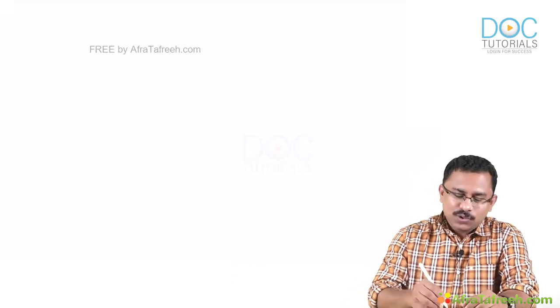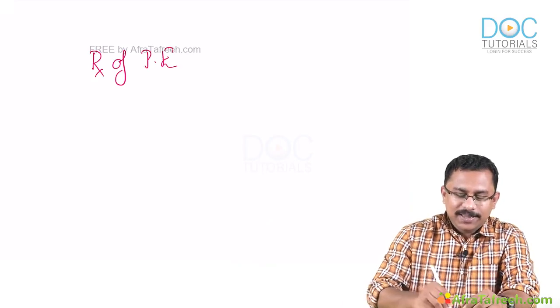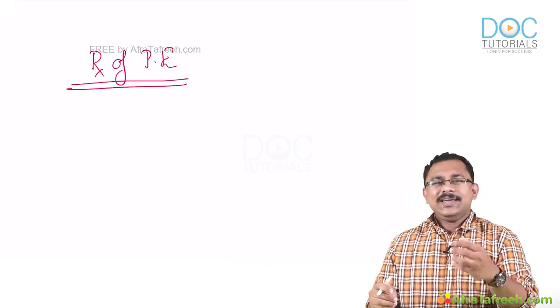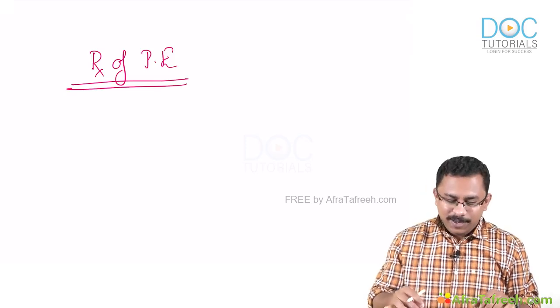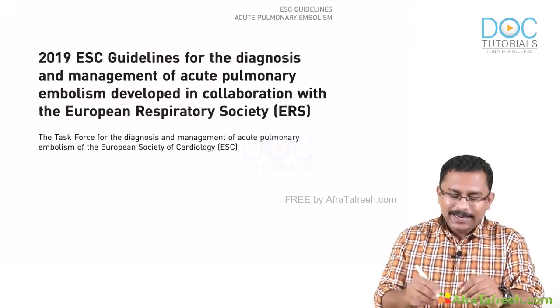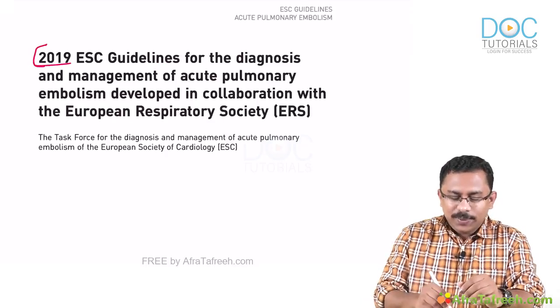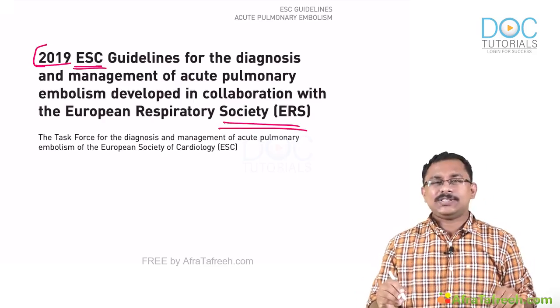So now let us go to the treatment of pulmonary embolism. The discussion that I'm going to have with you on the treatment of pulmonary embolism will be based on the 2019 guidelines of the European Society of Cardiology in collaboration with the European Respiratory Society.